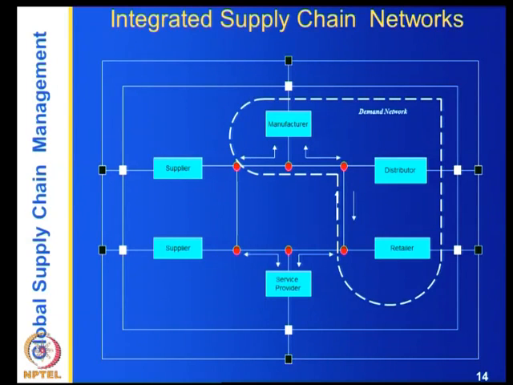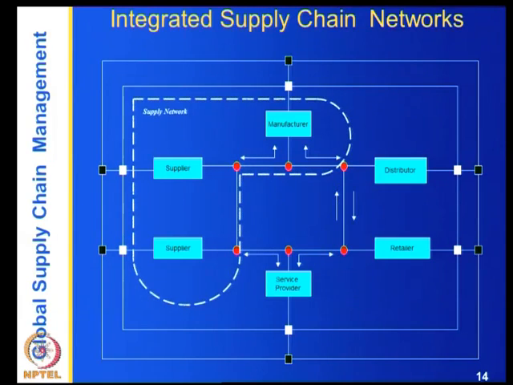The demand network is basically depending on the customer demand that you have. The customer demand always occurs through the retailers, and the retailers are going to order depending on what their requirements are from the distributors. And the distributors have a warehouse where these particular items are stored.